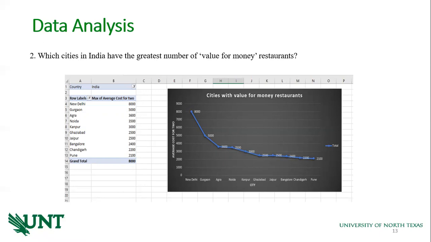These cities have restaurants that provide good food for the price paid. Here we can see the filter that I used is applied on the country to get the value for money restaurants from India, and the graph shows the counts of restaurants that provide value for money.